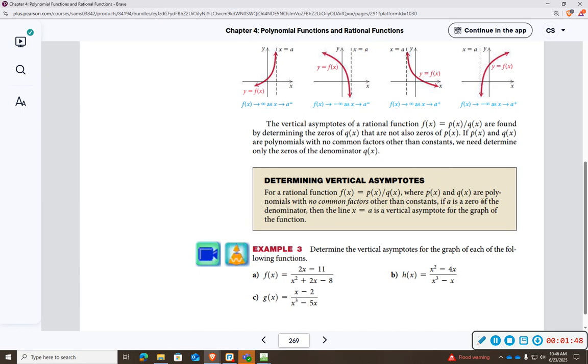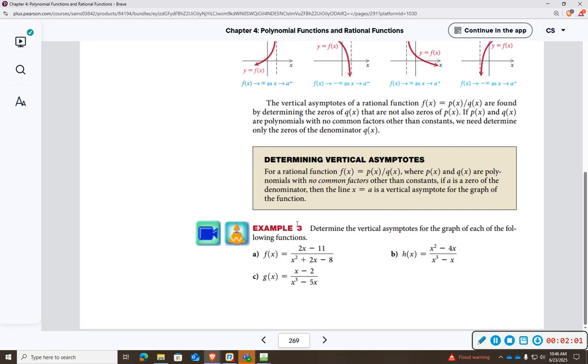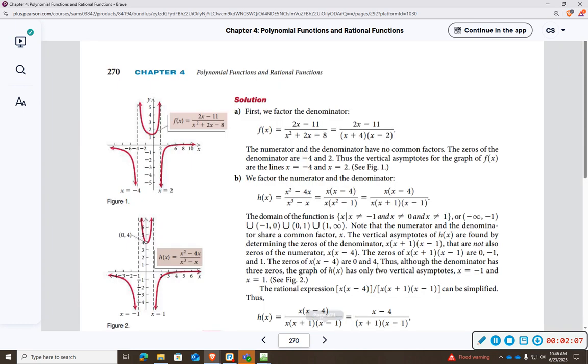So if a is a 0 of the denominator, so anything that makes the denominator 0, we will denote as x equals whatever that value is. In this case, we're using a. That will be a vertical asymptote. So that's just a general definition. Again, I will show you how to do that when we start working it out.